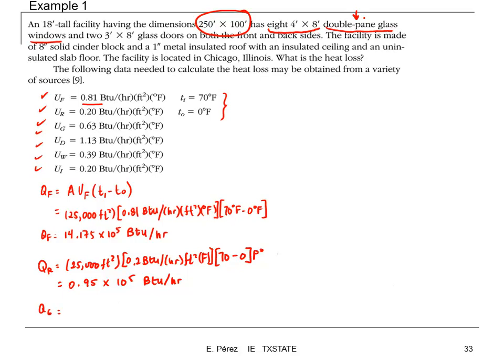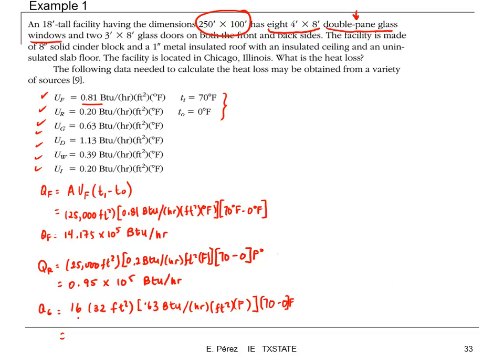So we're going to have 16 glass components with an area of 4 times 8, which is 32 feet square, times 0.63 BTU per hour feet square Fahrenheit, times 70 minus 0.